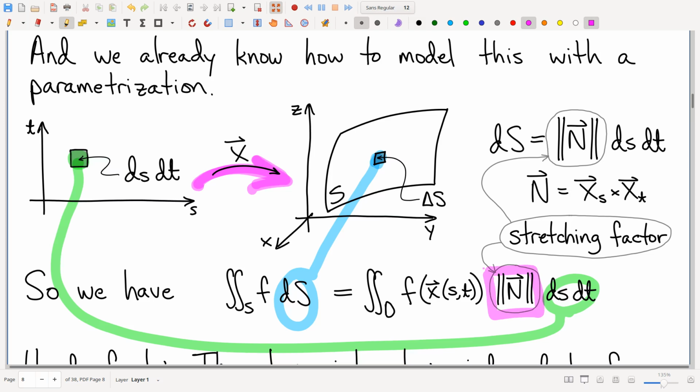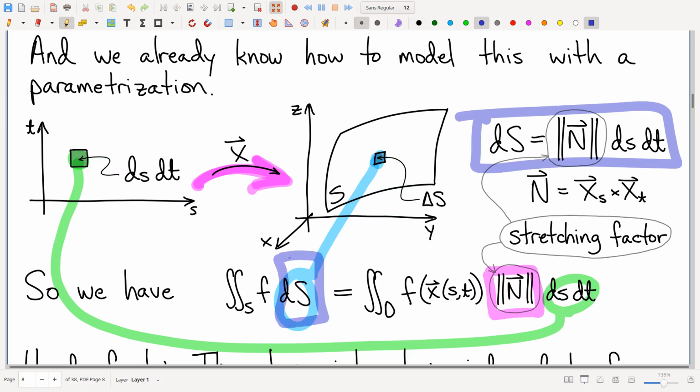And that relates the input area to the output area. And again, we have previously written down this equation right here. dS is magnitude of N times ds dt, and thus this dS we rewrite like so, magnitude of N ds dt. So that's just kind of plugging in. Again, stuff we already worked out. We already laid all this groundwork in the previous section. So, formula. And now it's just plug and chug.